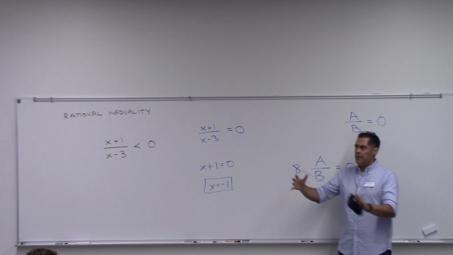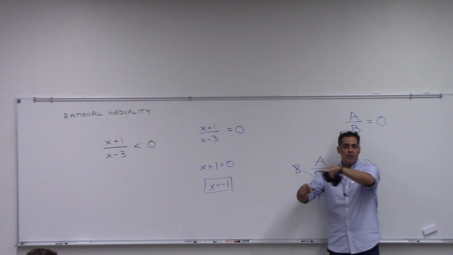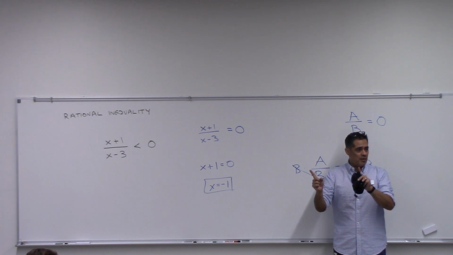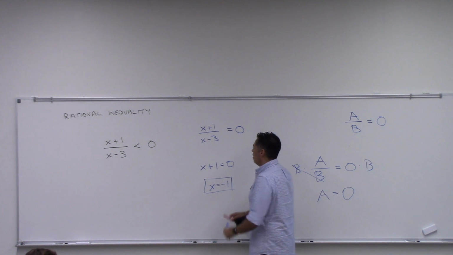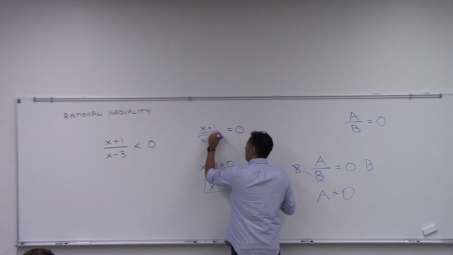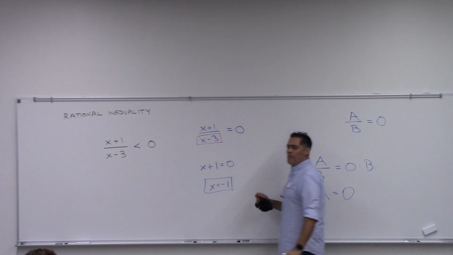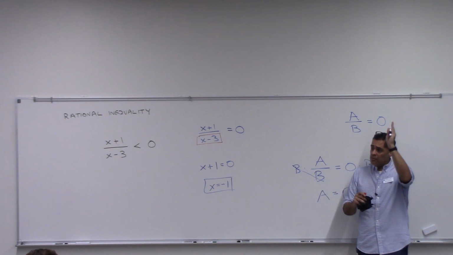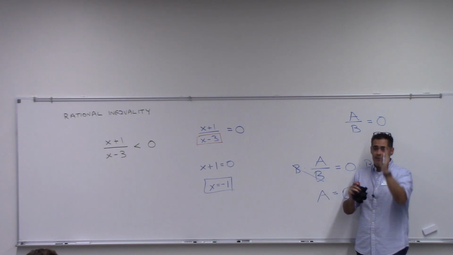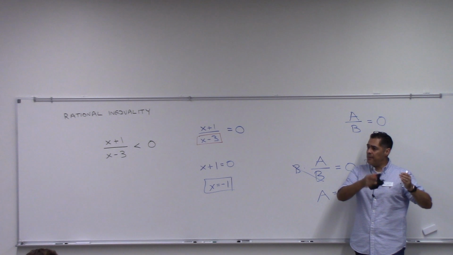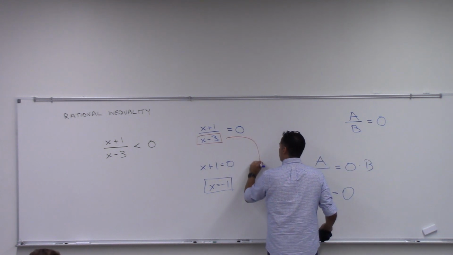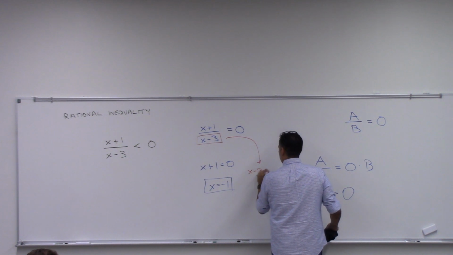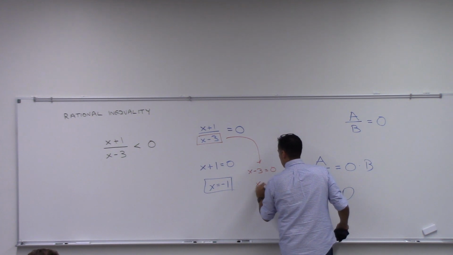Now, with the previous polynomial functions, this is where I would go to the number line and put that there and do test points, right? With rational functions, you must also pay attention to the denominator. The denominator, remember, were our vertical asymptotes? We could possibly have a vertical asymptote which would change the behavior of the graph. So we need to also set that equal to 0. And that gives us 3.